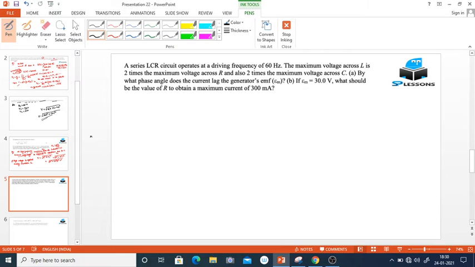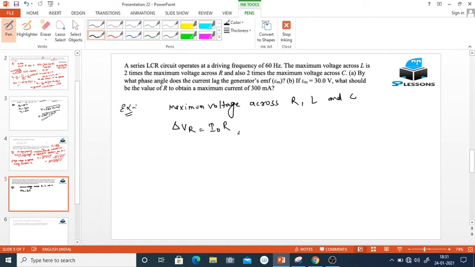First of all, we can write the general equations for the maximum voltage across R, L and C. We can write delta VR equals I naught multiplied by R, where I naught is the peak value of current.